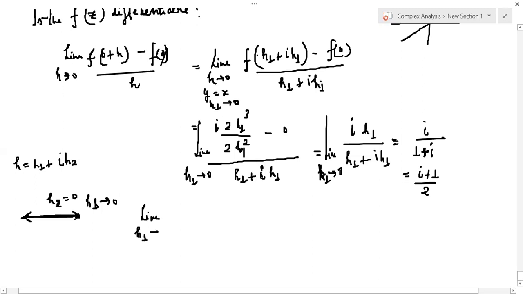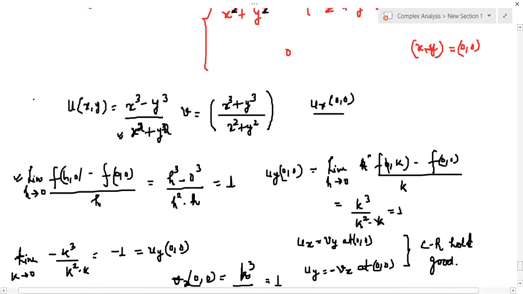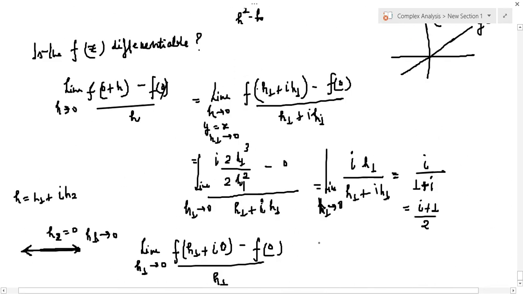Limit h1 tends to 0, f of h1 plus iota into 0 minus f of 0 divided by h1. At the place of y, we write 0. At the place of x, we write h1. So it will give me h1 plus iota h1 divided by h1, limit h1 tends to 0. It will give you the result 1 plus iota.